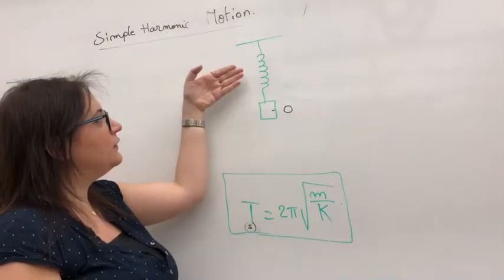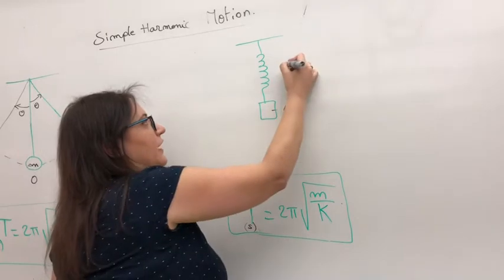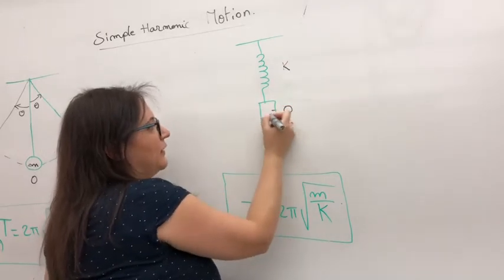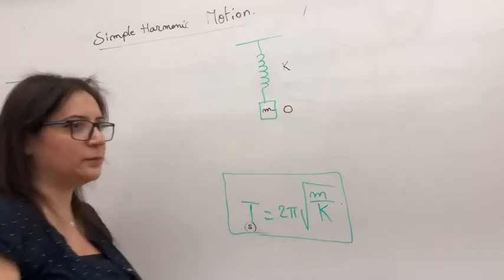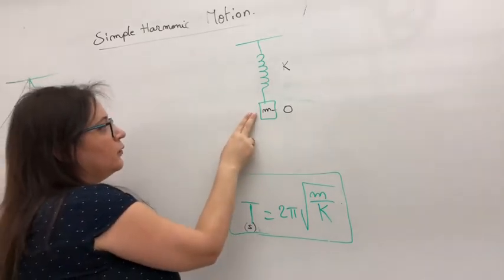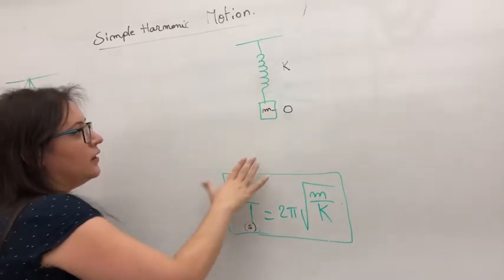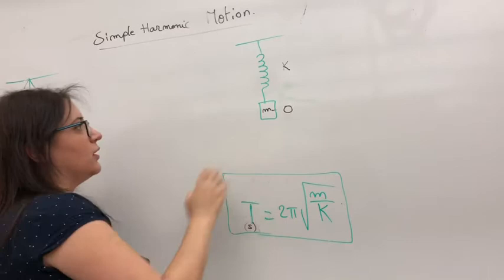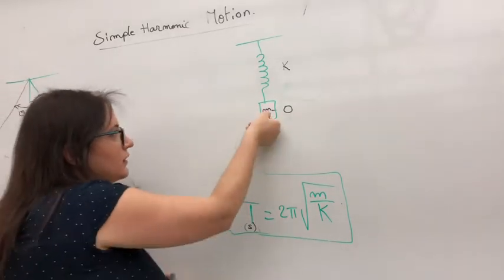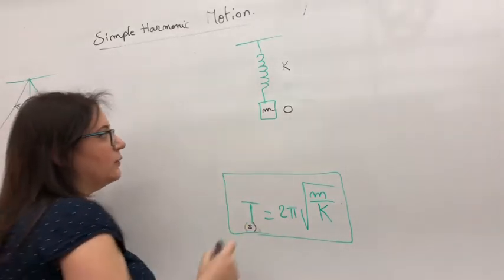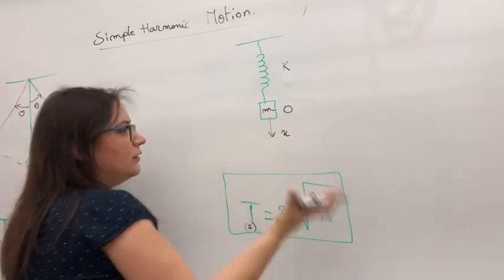If you have a spring of stiffness K and a mass M attached at the end of this spring, okay, and we leave it, so this is the equilibrium position. And then a little boy comes and elongates this mass M by a certain x and releases it.